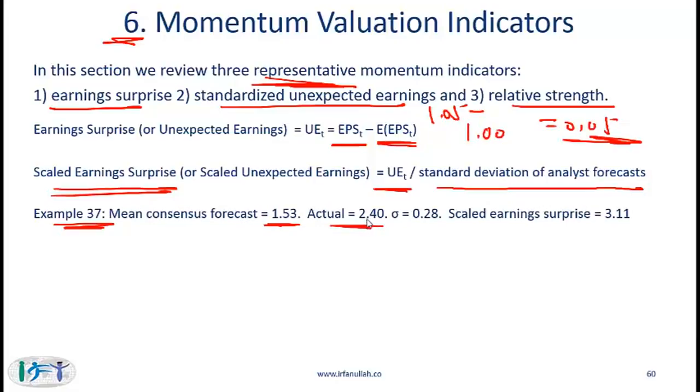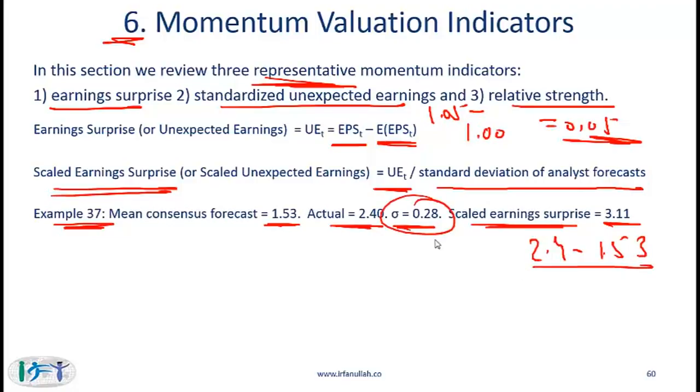There are several analysts who are following this stock, and the standard deviation of the analysts' expectations is equal to 0.28. The scaled earnings surprise is 3.11. So this is going to be the difference, 2.4 minus 1.53, divided by the 0.28. Notice that if there is a large standard deviation, which means that the different analysts are spread across a wide range, then a number that is different from 1.53 is not that unexpected.